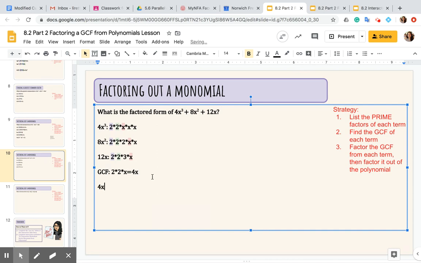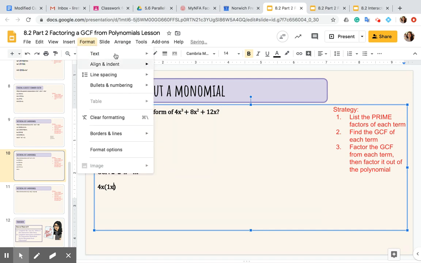And then I'm going to take that 4x and I'm going to stick it on the outside of a set of parentheses. To figure out what goes inside, I'm going to take all these individual terms and divide it by 4x. Well, 4 divided by 4 is just going to give me 1. X cubed divided by x is going to give me x squared.